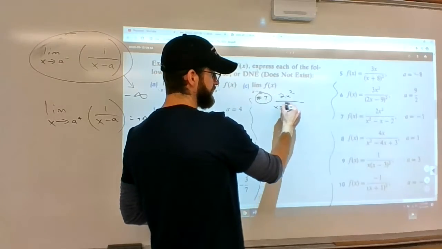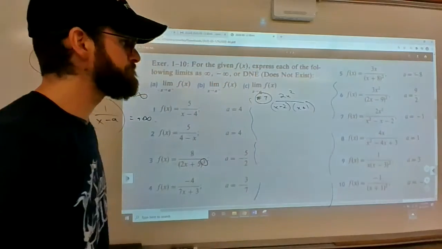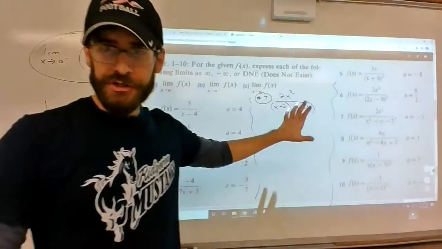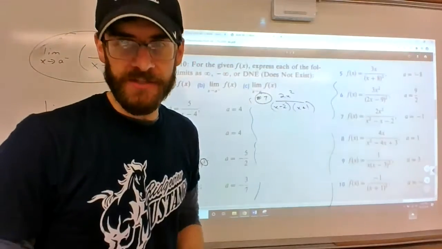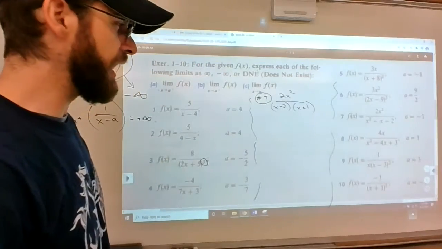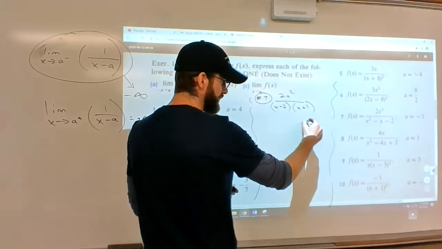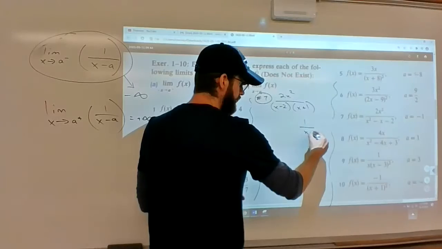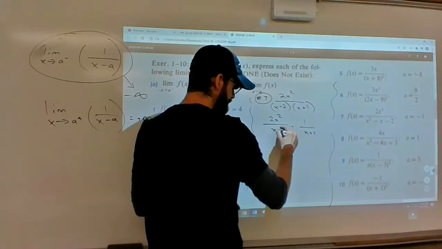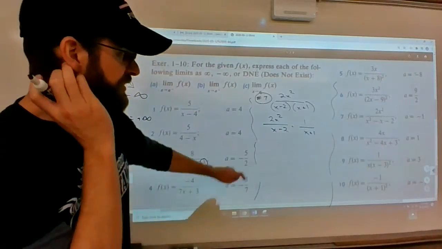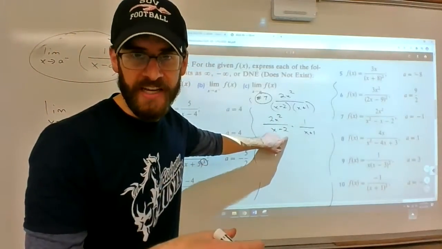This is going to be x minus 2 times x plus 1. The domain issue is contained right here, the place where we have a vertical asymptote. So what I can do is I can separate this into 1 over x plus 1 times 2x squared over x minus 2. This is a perfectly legitimate rational expression in which I can plug in a negative 1.